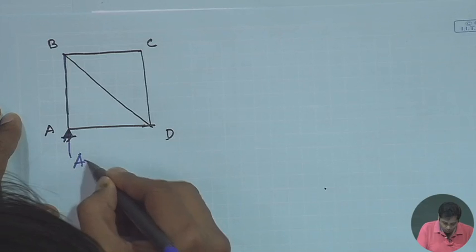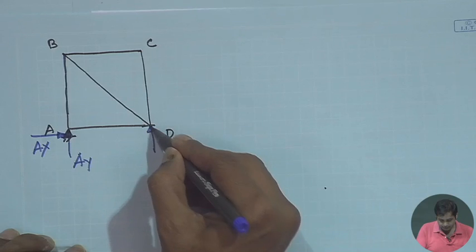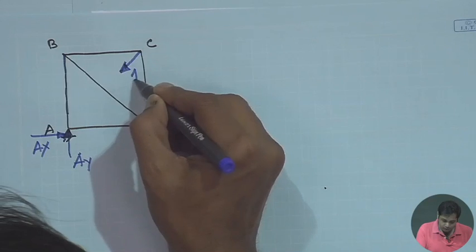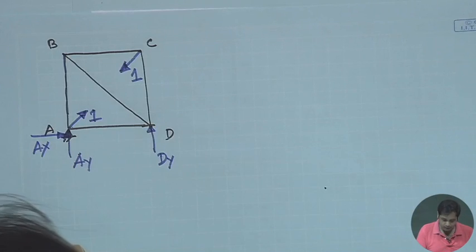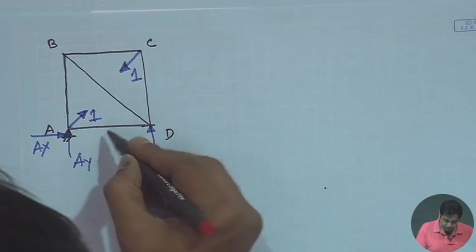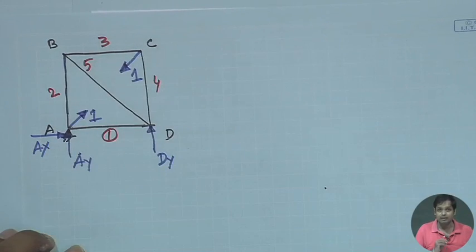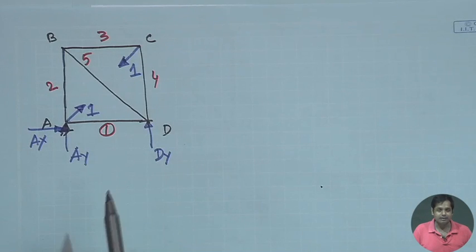We have AY, AX, DY, and a unit load 1 here. The member numbers are 1, 2, 3, 4, 5, and this one is 6. Now let us find out what forces we have. First we need to find the support reactions.